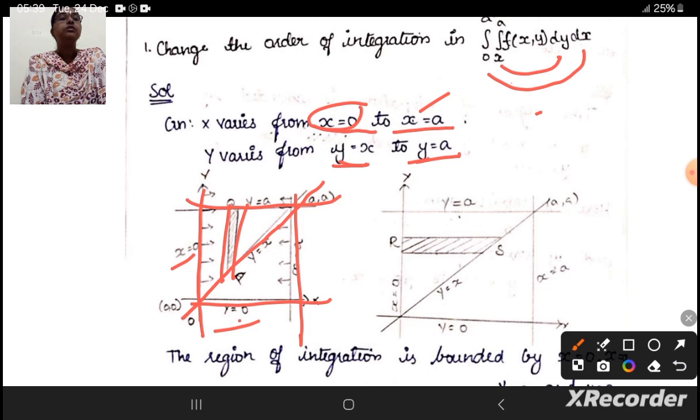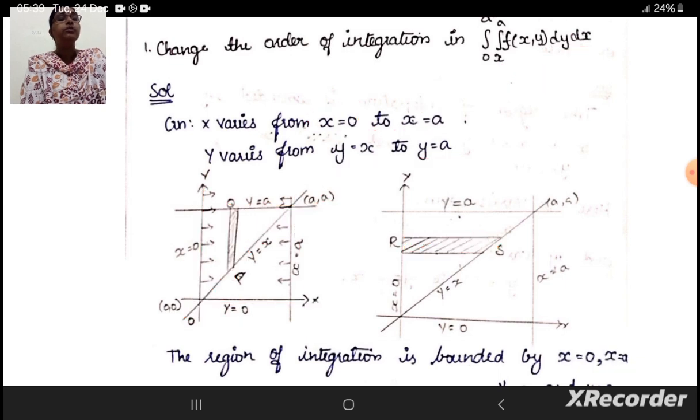In this triangle, the given strip is dy dx. So draw the y strip parallelly, and this y strip we want to change from a vertical strip to a horizontal strip. So after the horizontal strip we can write the limits.